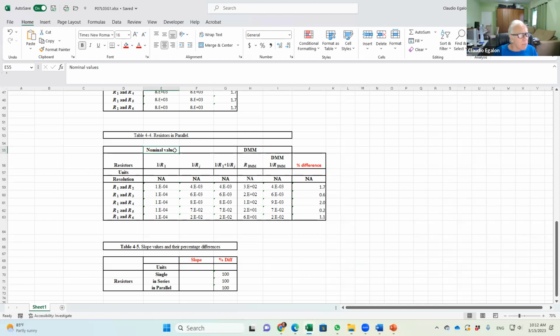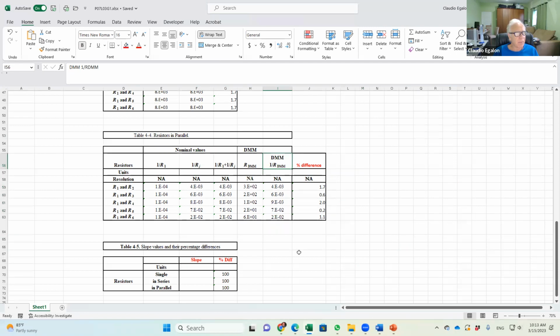Nominal value. And what you have here is the inverse of the resistors. There's a reason for that. Here's an actual measurement, and what you have here is the inverse of each measurement.